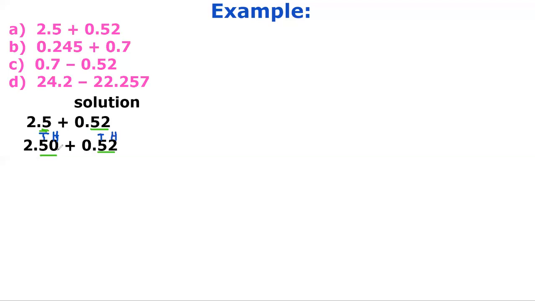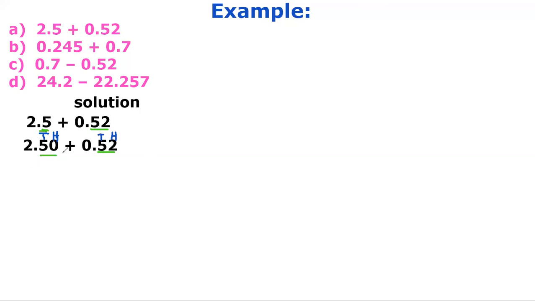Then because the last digit of the first decimal number here is under the hundreds, the entire number here is going to be divided by 100. So here will be 2 point. Let me write it well. Okay.